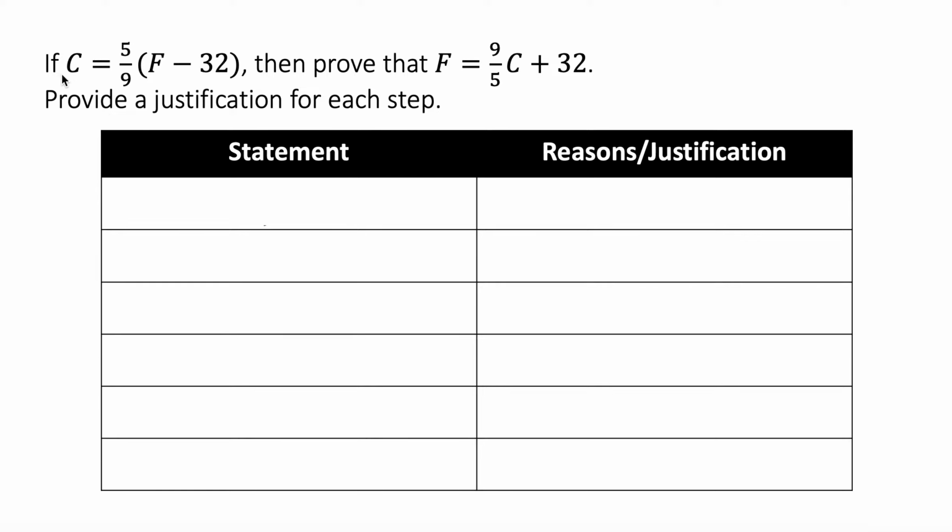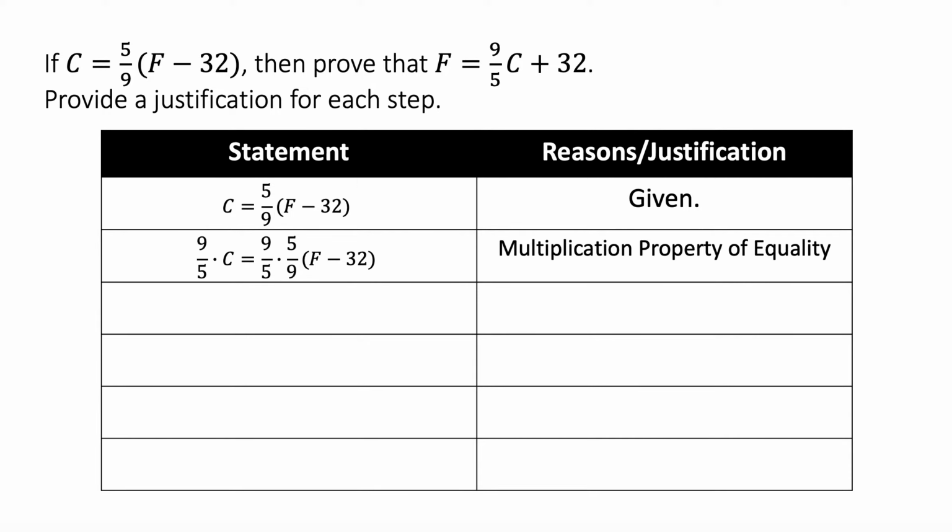Here's something about converting from Celsius to Fahrenheit. Can we change it to Fahrenheit from Celsius? So here we go. We start with what we're given. We need to get rid of this, so we use the multiplication property of equality. We simplify that, so that's substitution property.